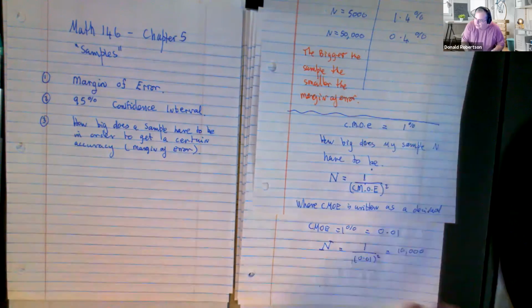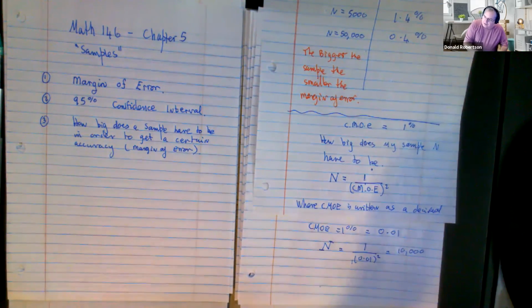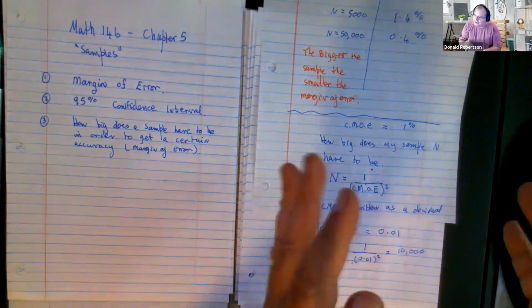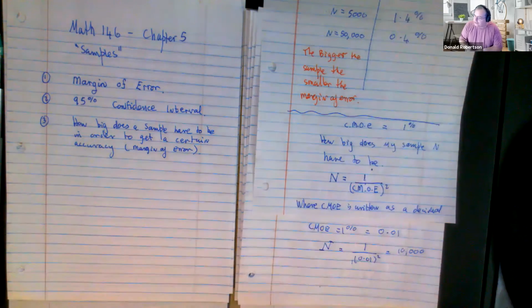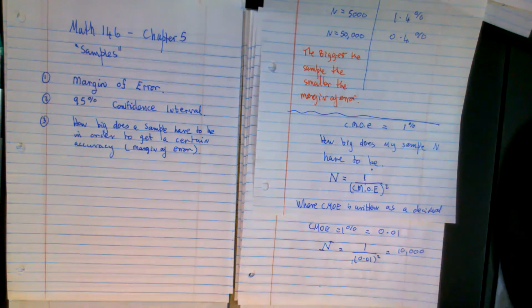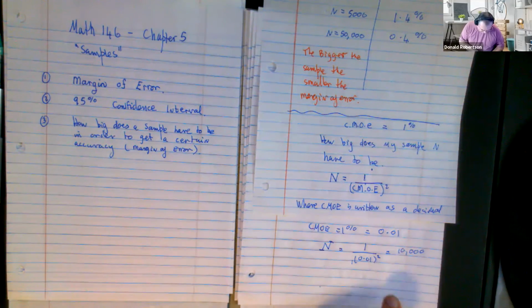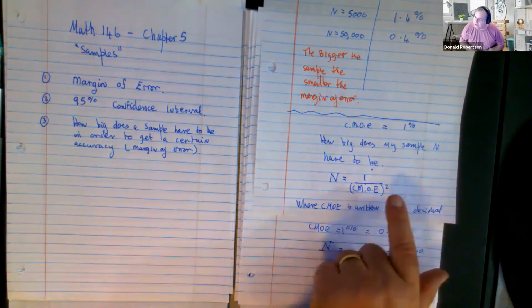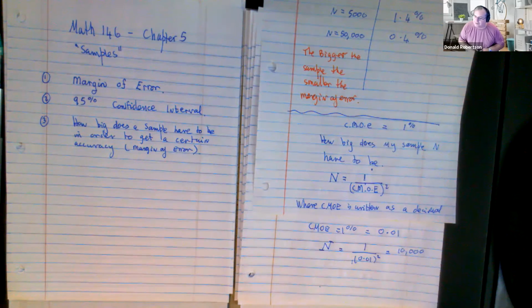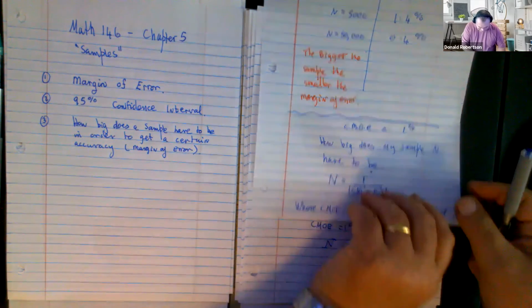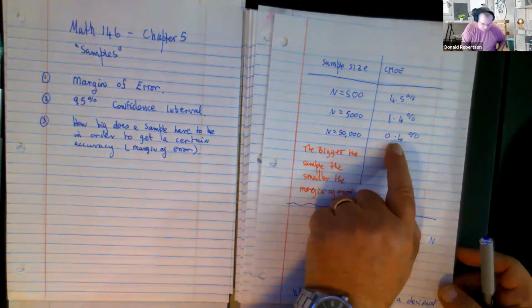So whatever I ask them is going to be that number plus or minus 1%. You see the plus or minus, the margin of error doesn't care what the question is. Right? If you make a sample of this size, it's going to be 1%. Right? And if you make a sample of 50,000, it's going to be 0.4%.